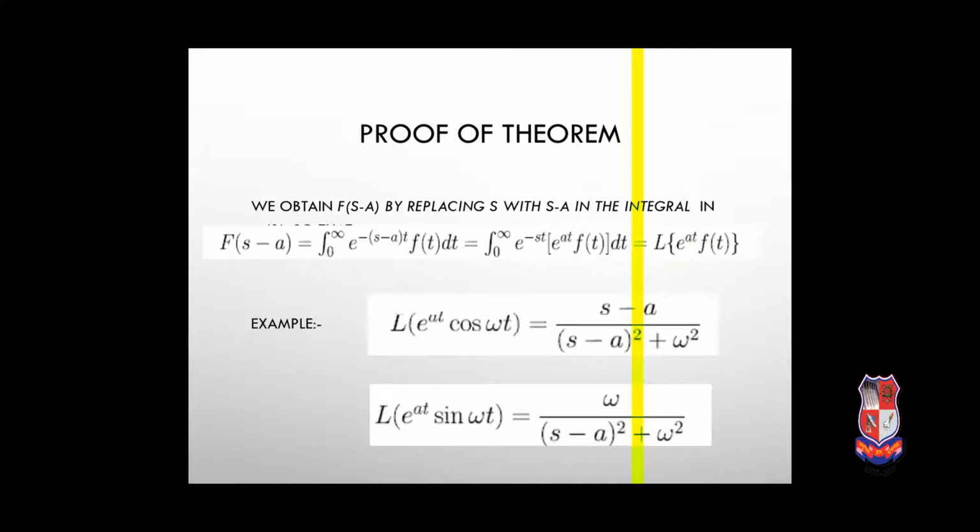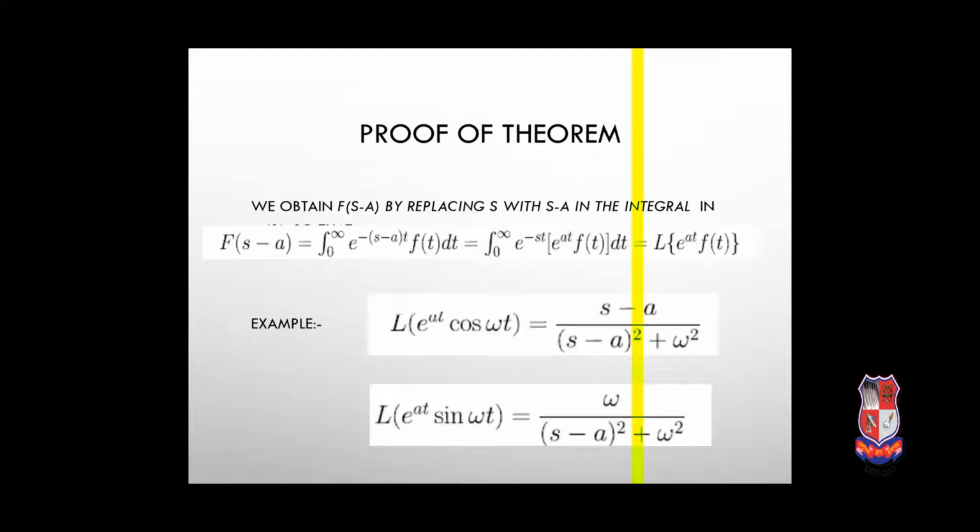Then it becomes F of s minus a is equal to integration 0 to infinity e raised to minus (s minus a) t f of t dt, which is equal to integration 0 to infinity e raised to minus st e raised to at f of t dt. Then this integration is the Laplace of e raised to at f of t.